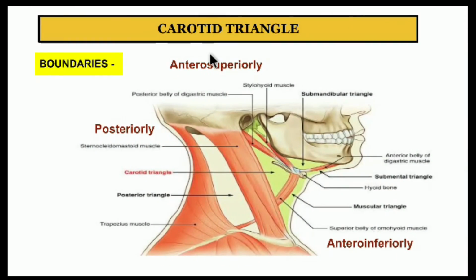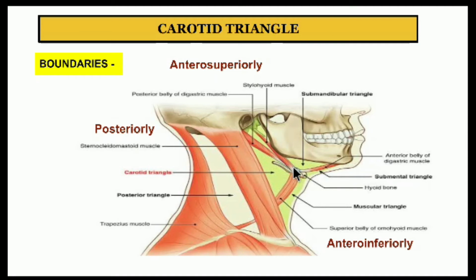Let us discuss the third triangle, the carotid triangle. Boundaries. The borders lie anteriorly. The anterior border is L-shaped, so antero-superior and antero-inferior, and then the posterior border.